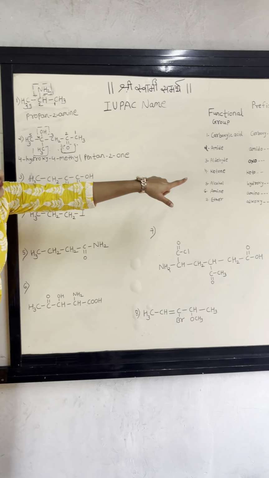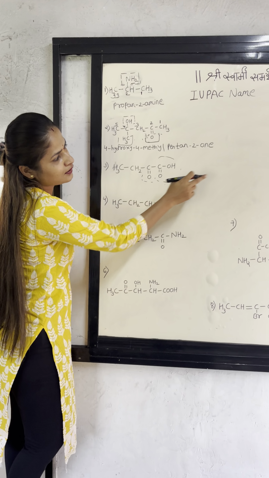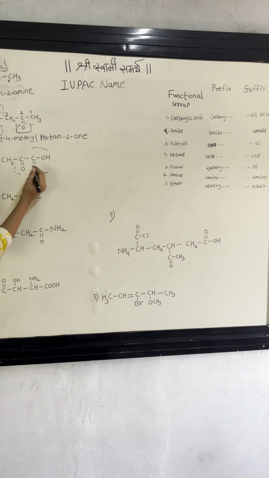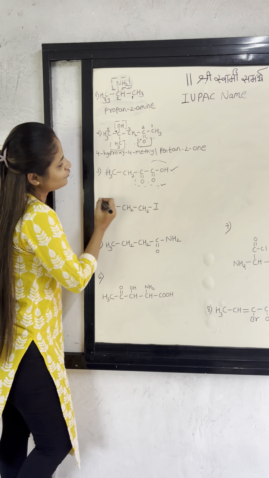The next is CH3 CH2 C double bond O, C double bond O OH group. Here you see the C double bond O OH, that is the carboxy group. It is the main functional group. And next is the CHO, that is an aldehyde. The main priority is given to the carboxylic acid. So first we label the carbon atoms 1, 2, 3 and 4. On the second carbon an oxygen group is attached.